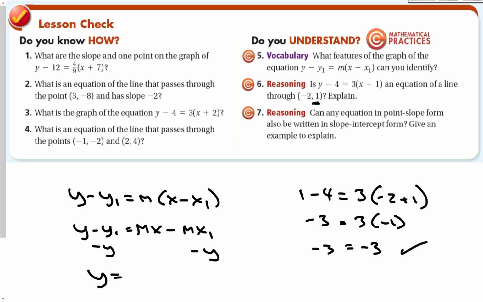So y will always be the slope times x minus the slope times x1 plus y1, no matter what. Okay? So that was 5-4 point-slope.